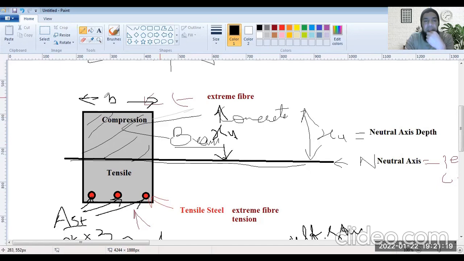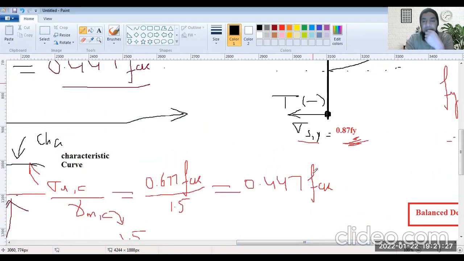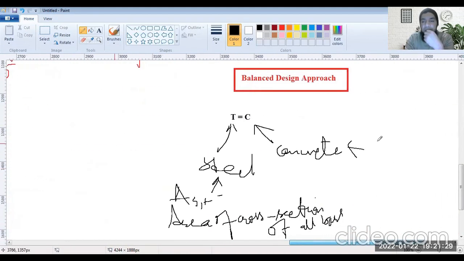So in compression, B into XU is the area that will be in compression. So the area of concrete in compression is B into XU, which is taking the compression load.